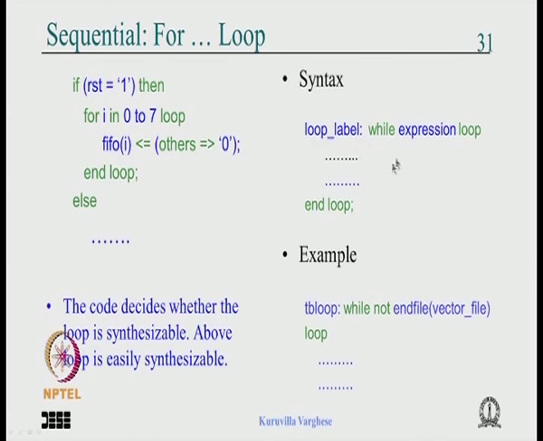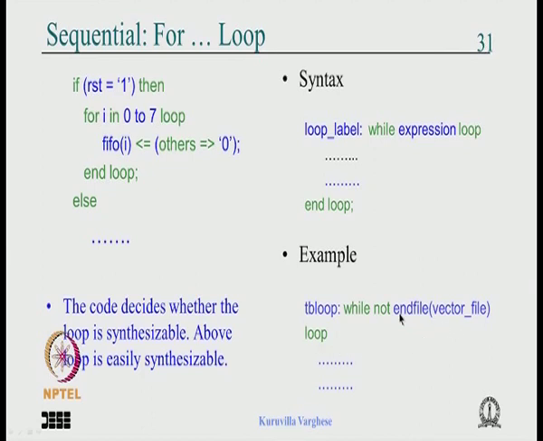And here also in the loop you have conditional loops. You can say while some expression is true, then loop, end loop, and one example is that in the case of a test bench you would have written test vectors in a file, and normally you read line by line, and the top level code will be like this, the outer loop will be: while not endfile(vector_file), and this endfile is a function which says when you reach the end of the file.